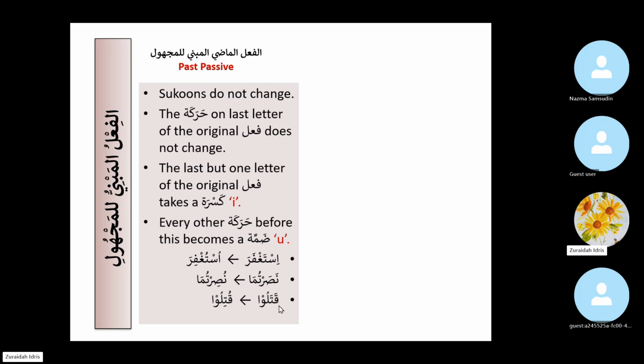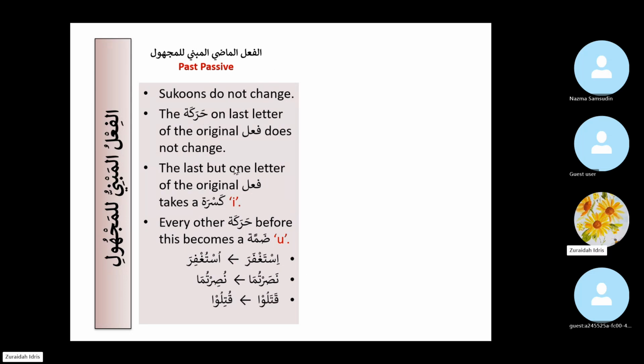Because you know the original was qatala, nasara. Here it's obvious because this is not dual or plural. So this is istaghfara, this is the ending. Ra is one of your root letters, just like this is one of the root letters. The lam kalimah is the one that holds your last harakah.